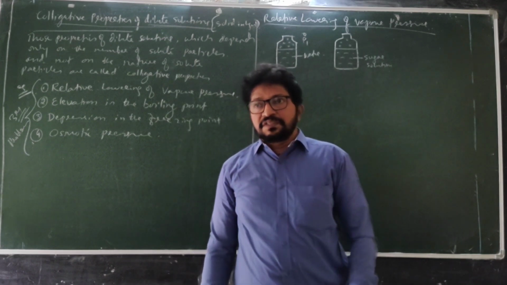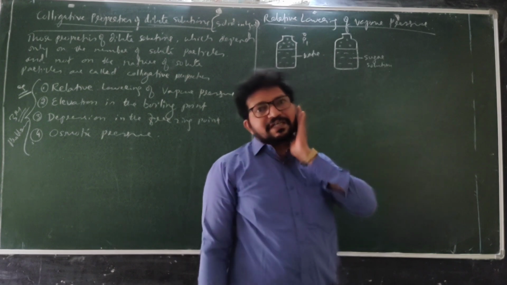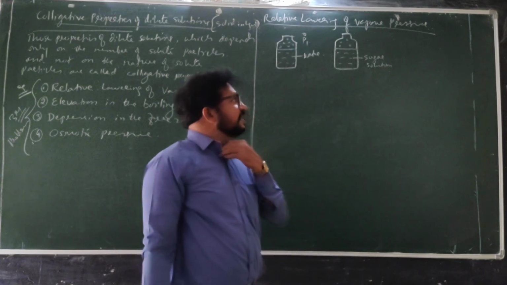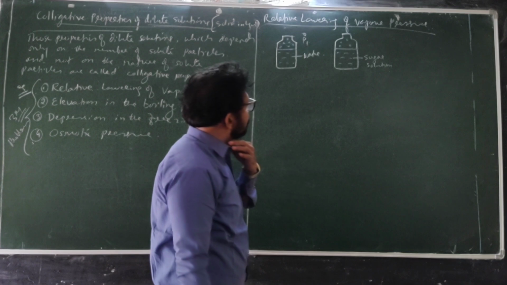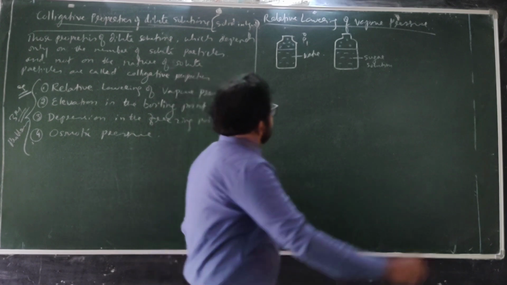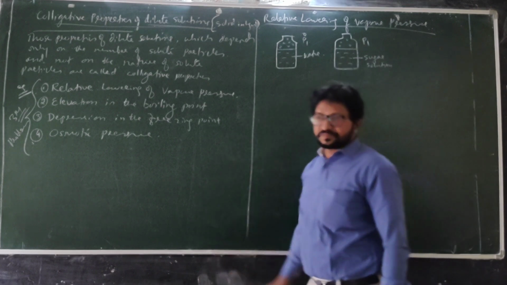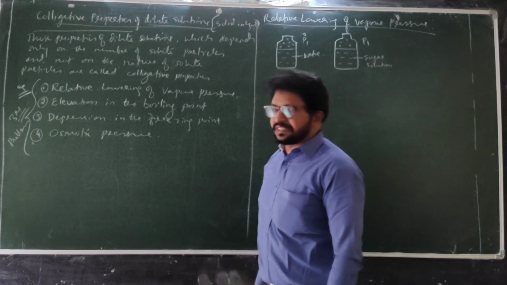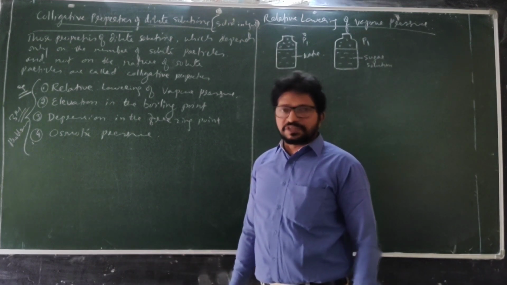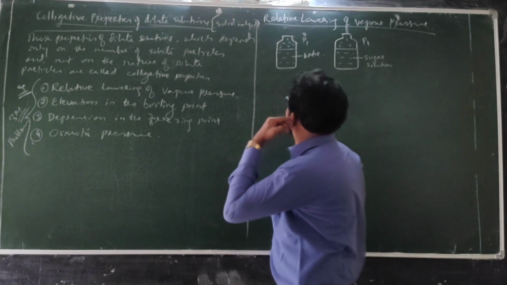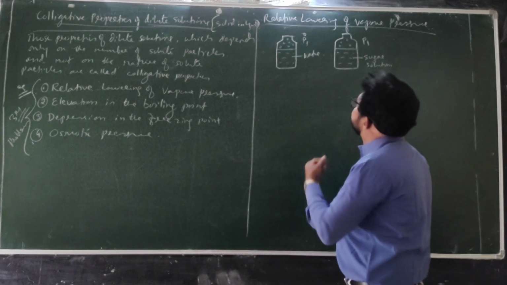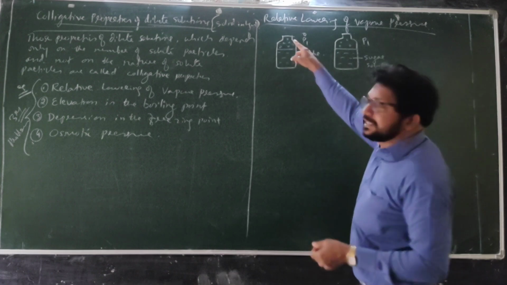Okay? Solute is non-volatile and it does not contribute any vapor pressure. Now, vapor pressure of this one is P1, and you all know P1 is less than P1 naught. This I have already told you.